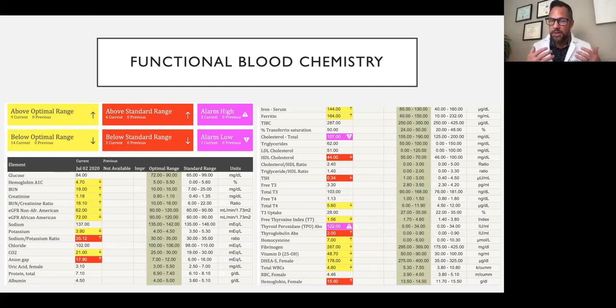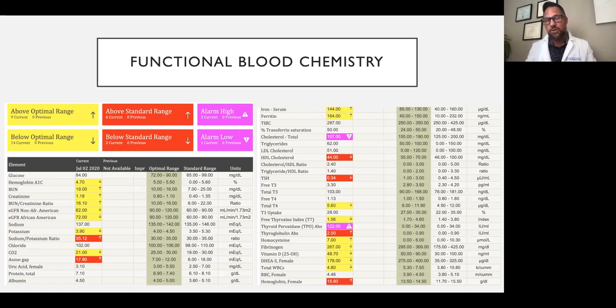Because if you look at your joints, they require proper blood supply. And that blood supply brings nutrients to the area. That's what hydrates those discs in the space. And if you've got issues in your blood, then that's going to create more inflammation. And the more inflammation you have, the harder it is for your body to heal. So when we look at your blood chemistry, even if you say, well, I've had a physical and everything looks normal.